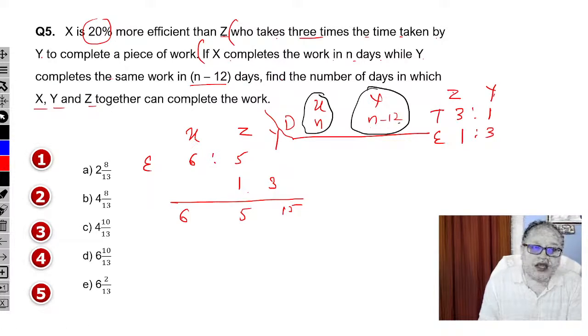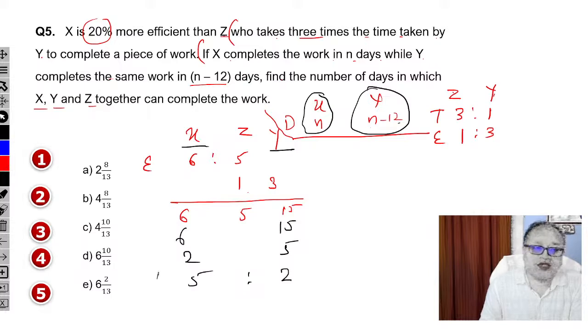So what is the efficiency of X and Y? This is 6 and 15, which is 2 times and 5 times. Efficiency will be 5:2. Then Y takes how many days less? I notice that 2 days.